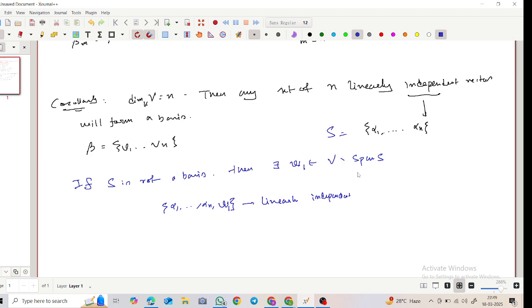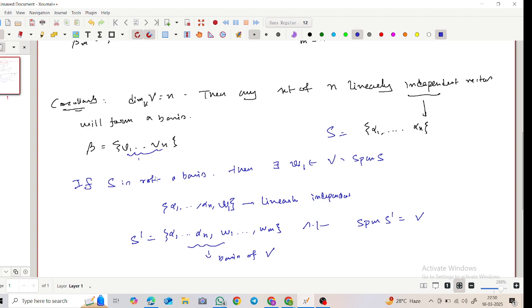That vector dropping was available. So by that way, suppose you reach W1 to say Wm. Now you see the problem. At some point you will be able to get S prime such that span S prime is V. But then this is a basis of V, and this is a basis of V as well.